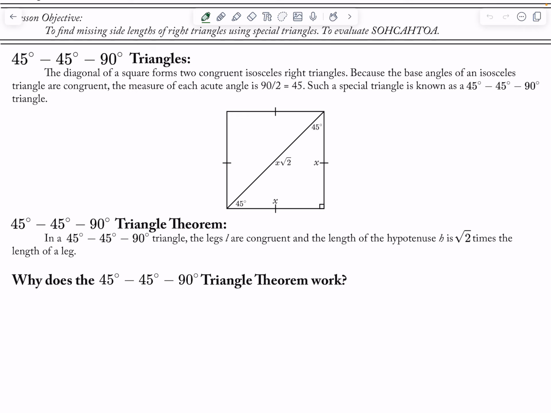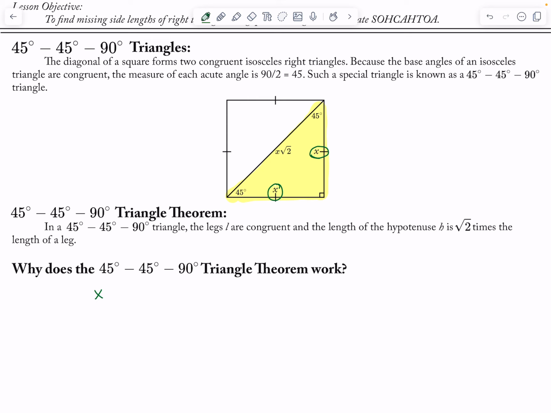So with a 45, 45, 90 triangle, what's unique about it is the fact that it's an isosceles right triangle. So I'm just going to look at this for a second. If I label one side x, and then I label my other side x, then what ends up happening is I have x squared plus x squared is equal to c squared.